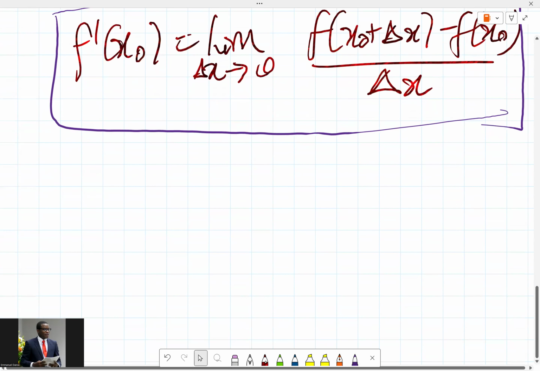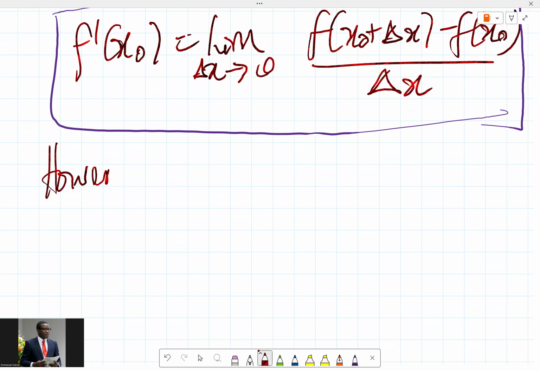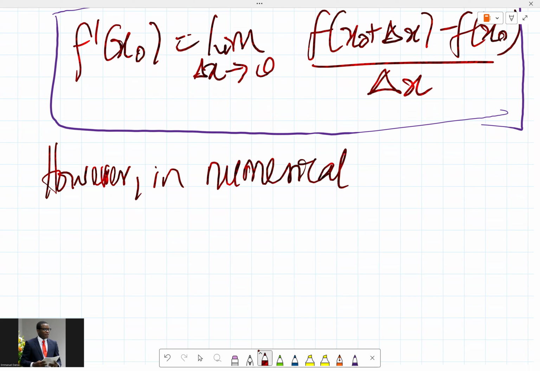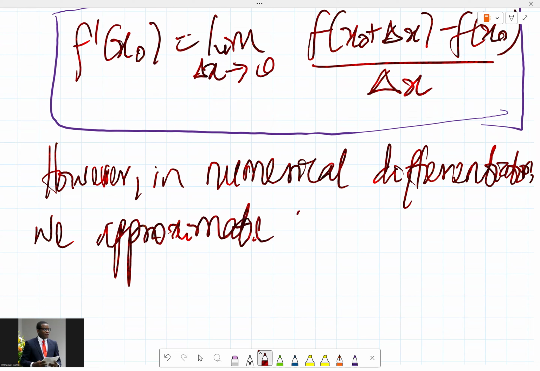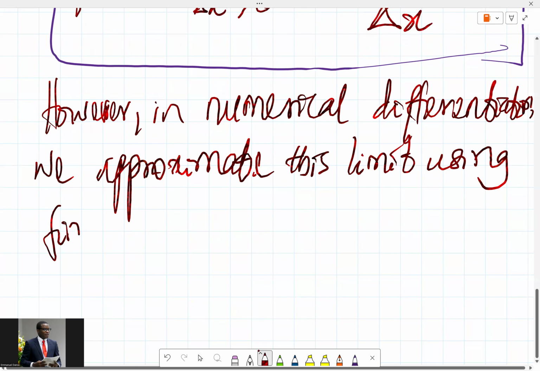That's just the definition, first of all. However, in numerical differentiation, we approximate this limit using finite differences.